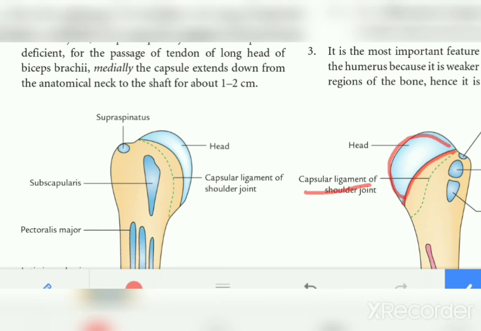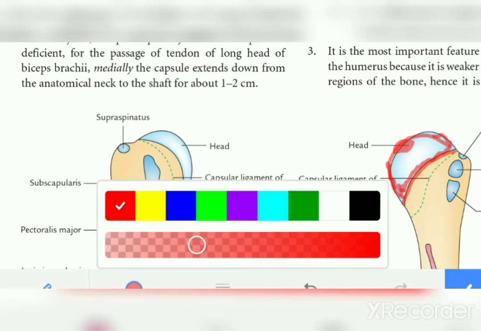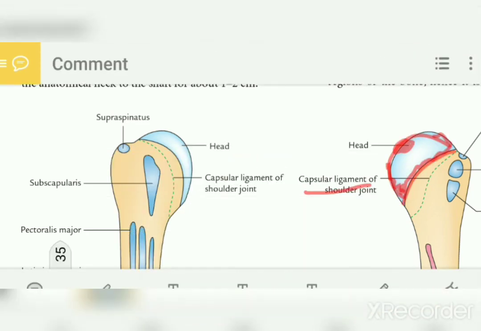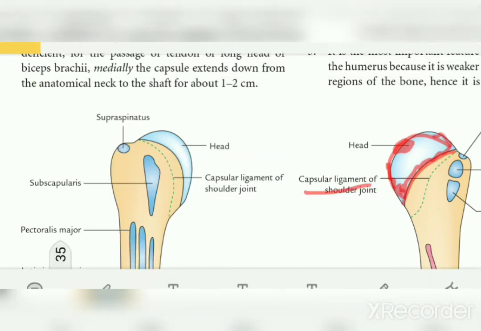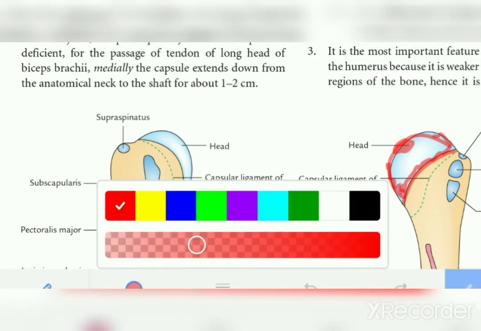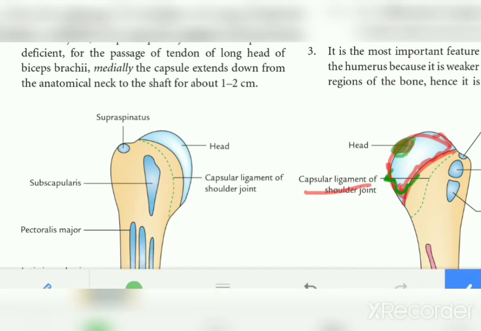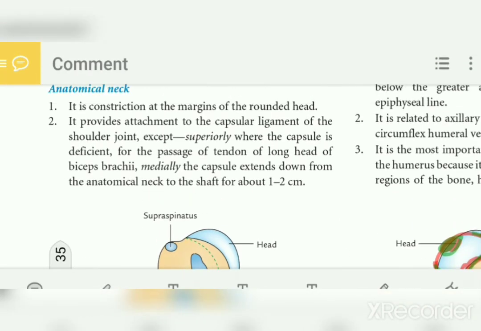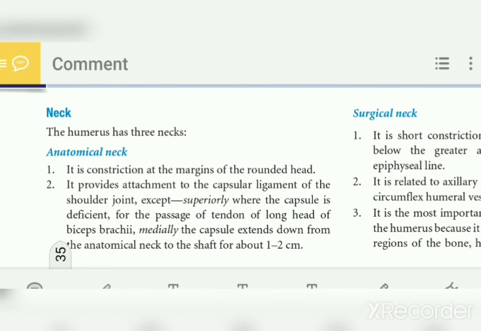We said it is thick at the center and thin at the periphery. So this articular hyaline cartilage is thicker at the center and thinner at the periphery. Okay. Now come to the neck.